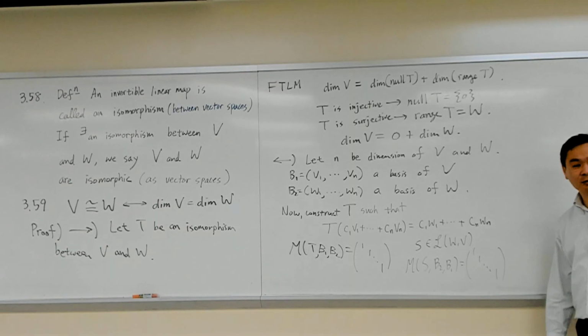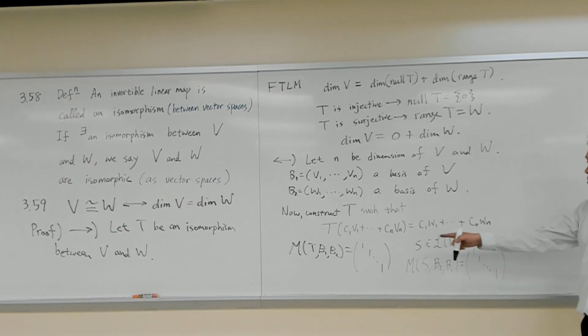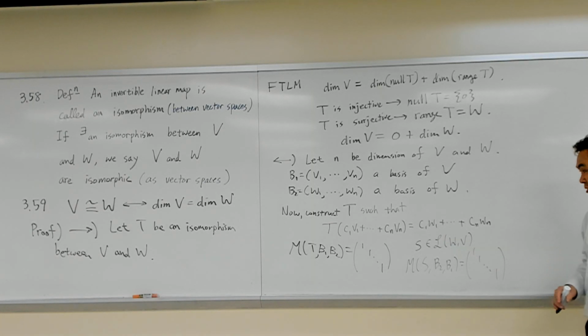Okay. Then of course, if you multiply these two, you get the identity on V, because it's B1 to B1. Right? And it's, both ways it's identity, so you see that T is invertible and we're done. Okay. So that's like one strategy.